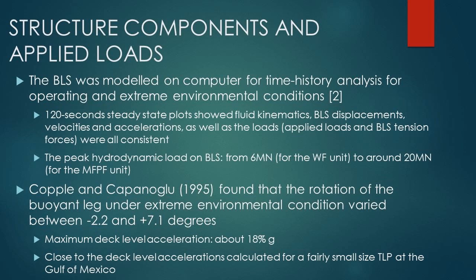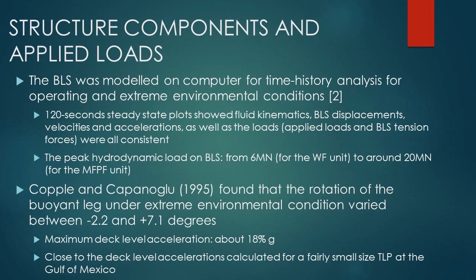The BLS was modeled on computer for time history analysis for operating and extreme environmental conditions as follows. 120 seconds steady-state plots showed fluid kinematics, BLS displacements, velocities and accelerations, as well as the loads. Applied loads and BLS tension forces were all consistent.